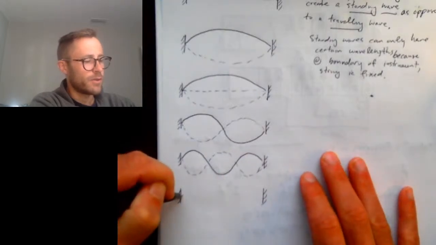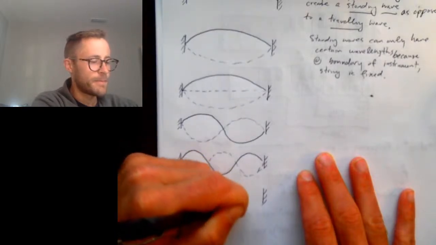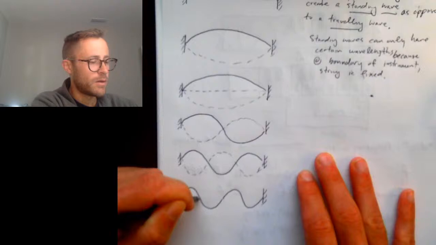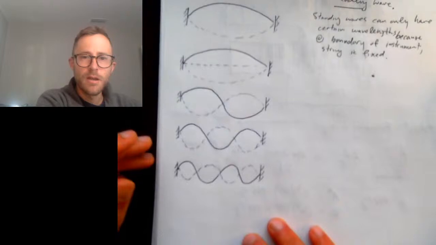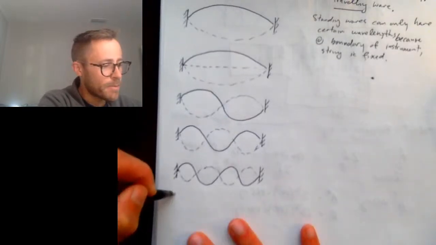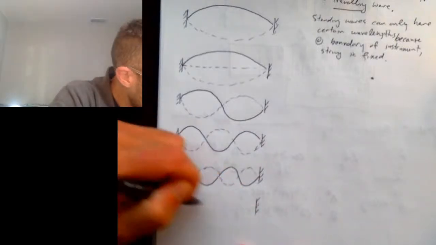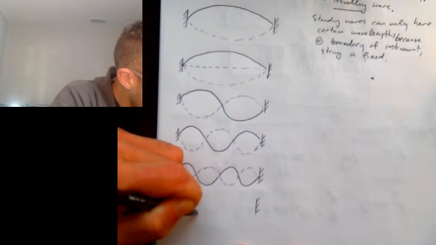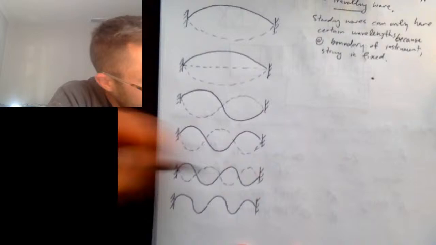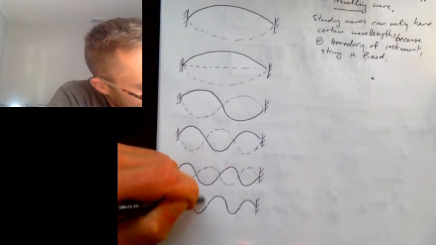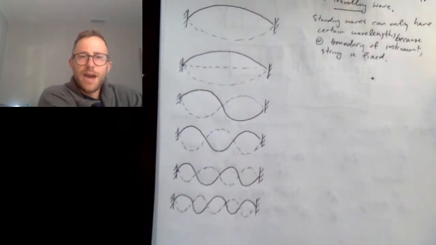The next wave I can draw is this one. Okay, and then I'll do one more. It's kind of hard to draw these. Okay, so there's obviously a pattern here.